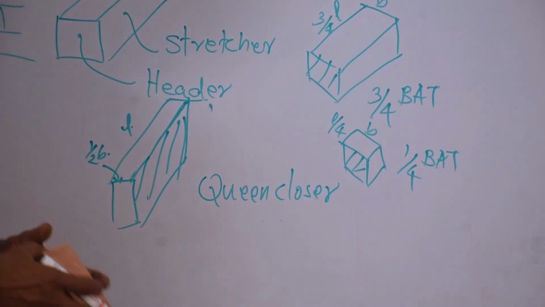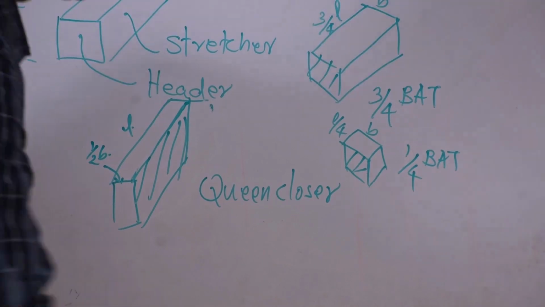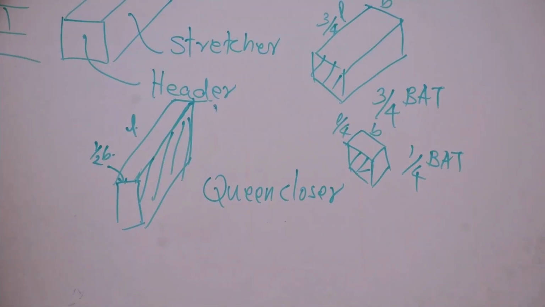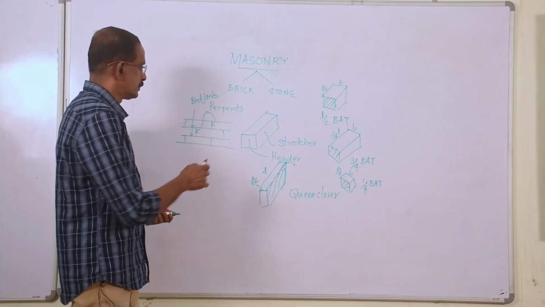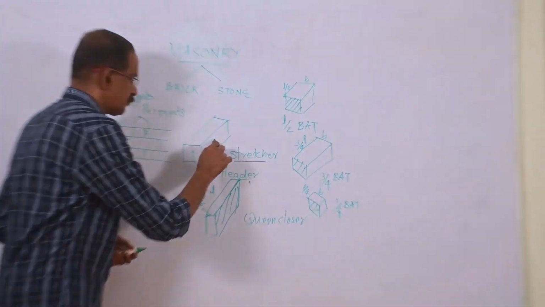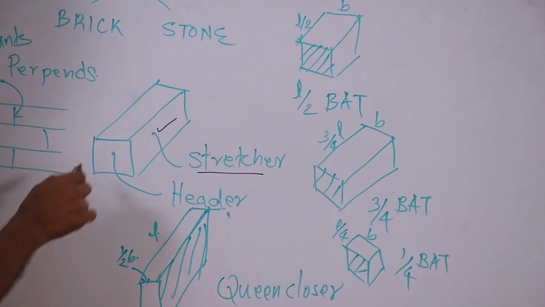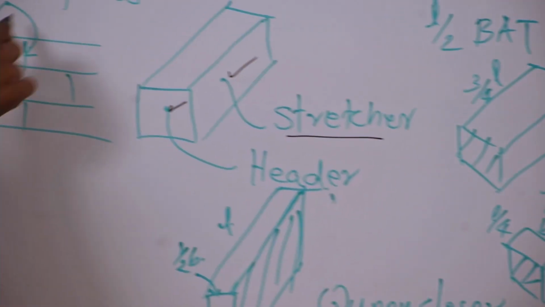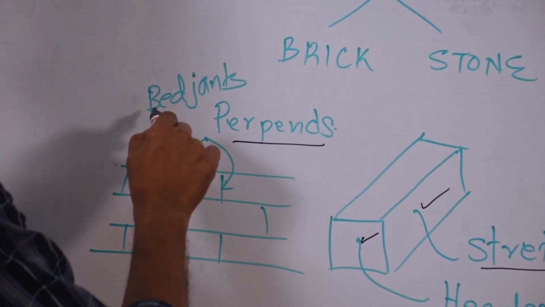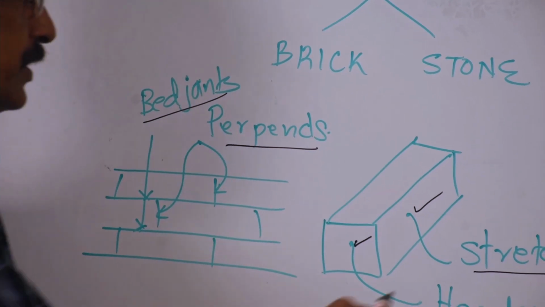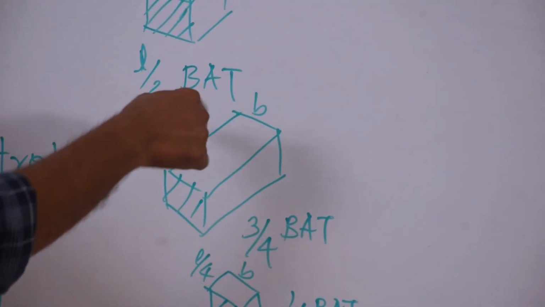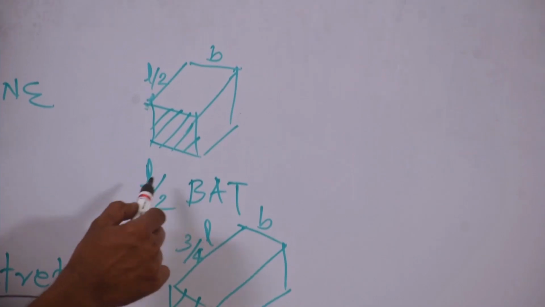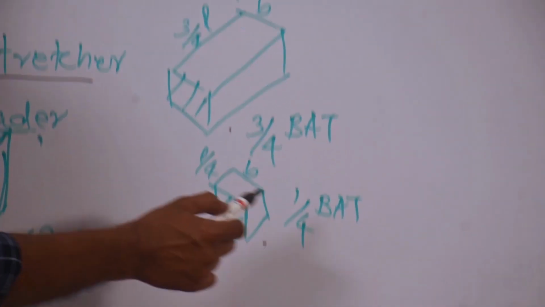So these are the important terms coming in brick masonry. First is stretcher: this face of the brick is called stretcher. This end is called header. Vertical joints are called perpends. Horizontal joints are called bed joints. Then depending upon the length, there are half bat, 3 by 4 bat and 1 by 4 bat.